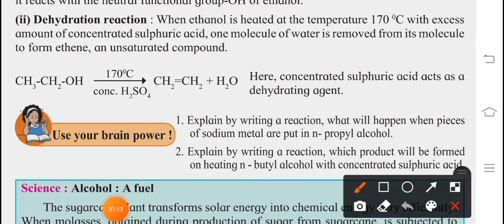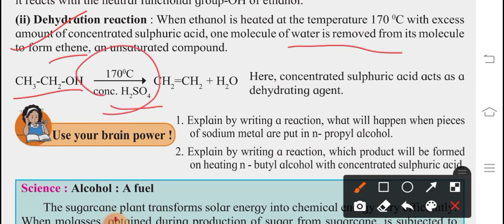Next is the dehydration reaction. In this reaction, when ethanol is heated at a temperature of 170 degrees Celsius with an excess amount of concentrated sulfuric acid, one molecule of water is removed from its molecule to form ethene, an unsaturated compound. This is ethanol. When we heat it with concentrated sulfuric acid at 170 degrees Celsius, one hydrogen is removed.